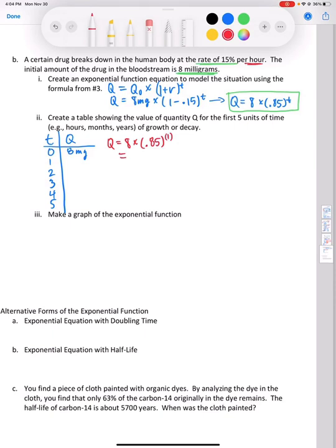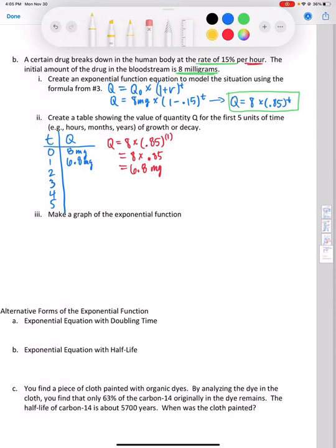That's 8 times 0.85, which is equal to 6.8 milligrams. Okay, so we can put 6.8 in our table.